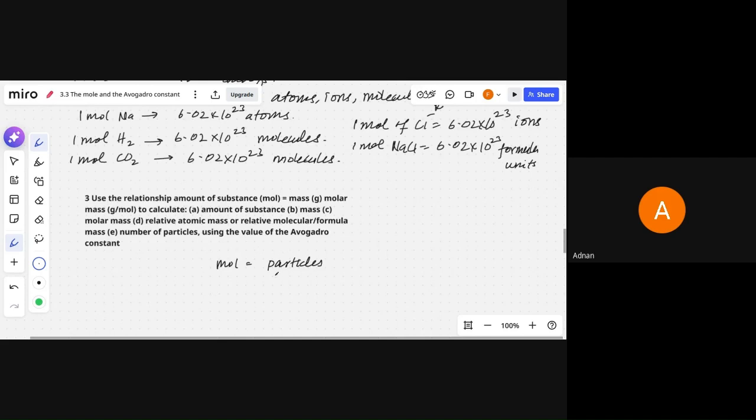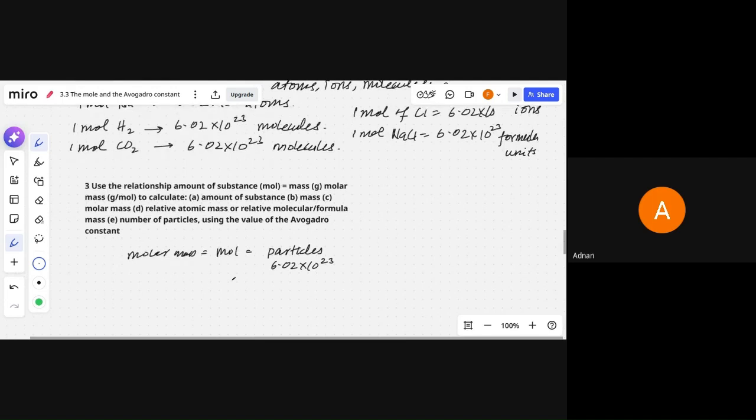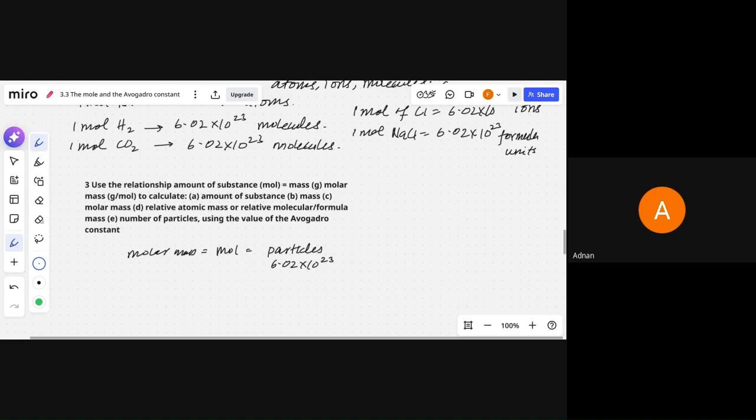By particles I mean 6.02 times 10 to the 23, and it also has a relationship with molar mass, right? When the atomic mass is taken in grams, that becomes equal to 1 mole. Let me give you a few examples.